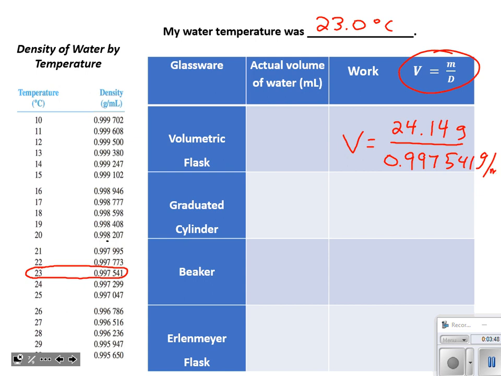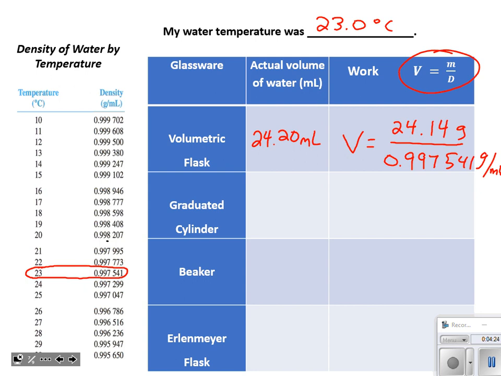So when I do my math here, I have 24.14 divided by 0.997541 grams per milliliter. So I come up with a volume, and I'm going to have 4 sig figs here: 24.20 milliliters.